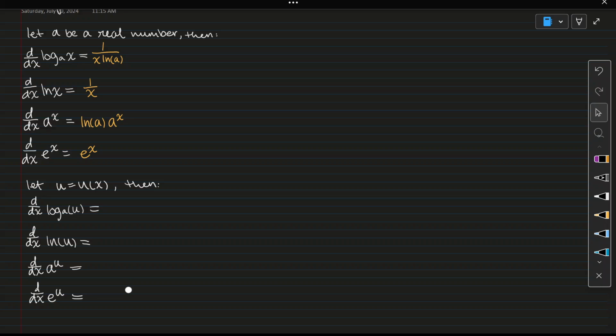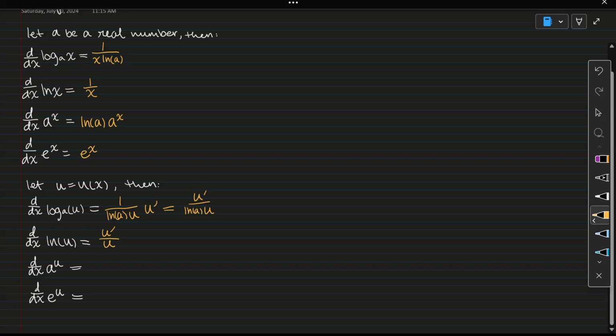Applying the chain rule here for log base a of u, I'm going to have 1 over ln a times u, because that's what's in the argument, and then I need to take the derivative of u. We'll call it u prime. So the derivative of log base a of u is u prime over ln of a times u. That means that the derivative of ln u is going to be u prime over u.